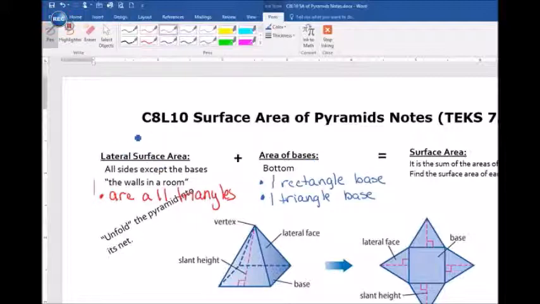Together, your lateral surface area and your area of the bases will give you the total surface area, which is the sum of the areas of all the shapes.